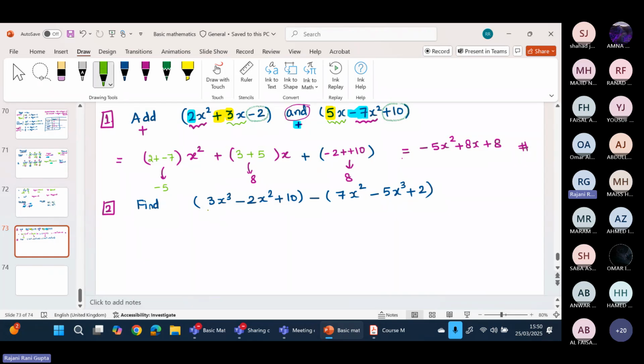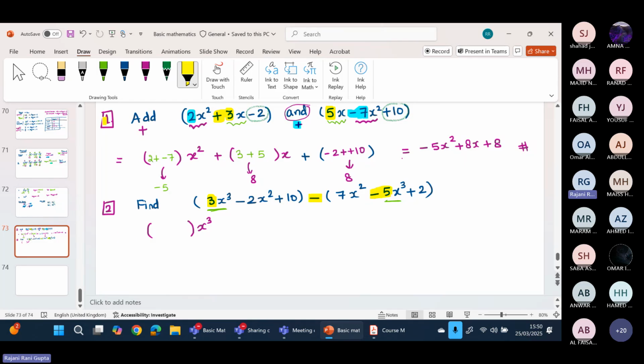Check the like terms. The like term is x power 3, x power 3. So when you write your answer, you will have a term with x power 3. Take down the coefficient: here it is 3 and here it's minus 5.